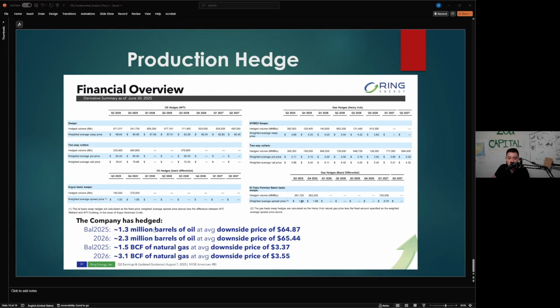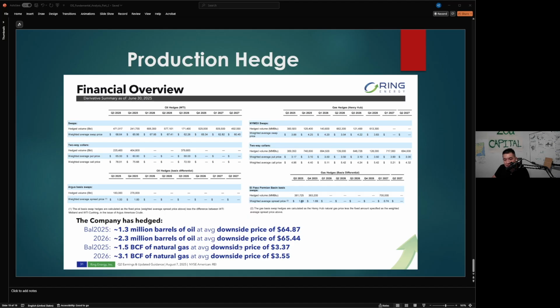For the remainder, July through December of 2025, the company has approximately 1.3 million barrels of oil, approximately 55% of their oil sales guidance, hedged at an average downside price of $64.87, and approximately 1.5 billion cubic feet of natural gas, approximately 42% of their natural gas sales guidance, hedged at an average downside price of $3.37.